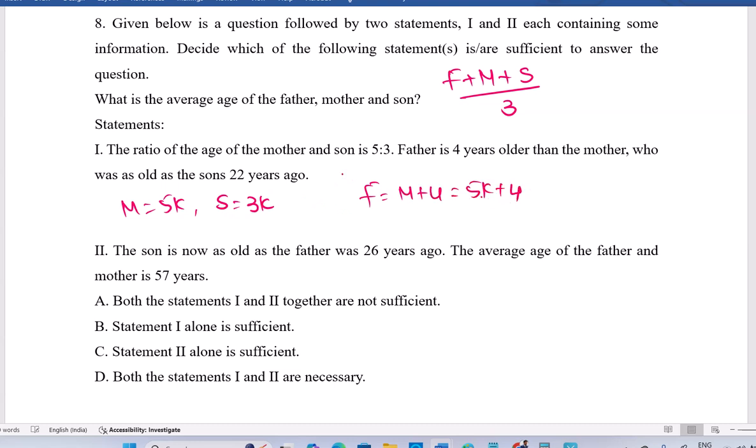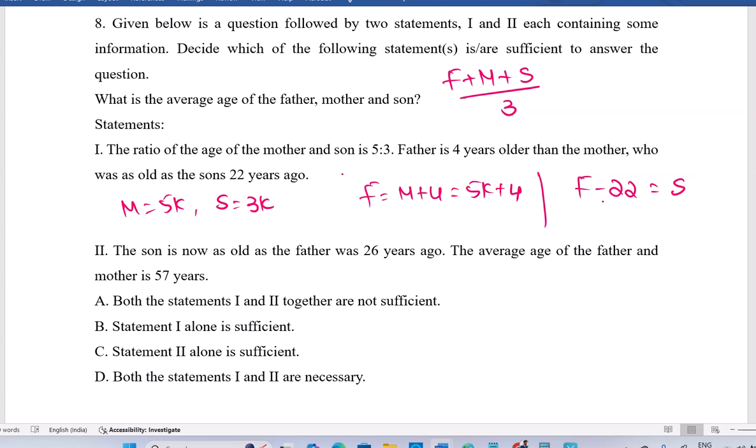Now, as per the question, the father's age 22 years ago is equal to the son's present age. That's what they want to convey.